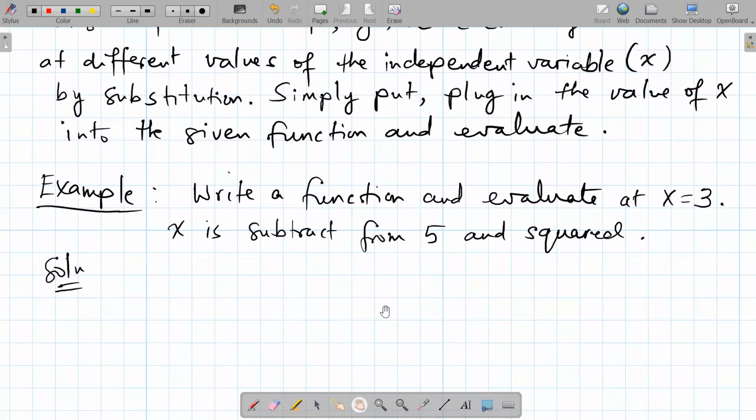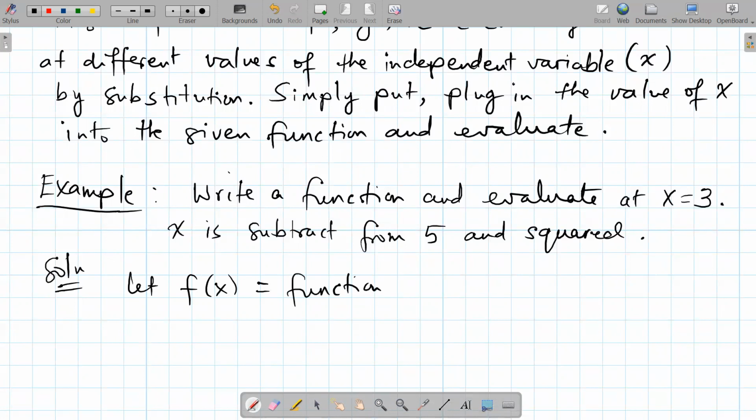It says write a function. Now you know that functions are notated by letters. You can use f, you can use g, you can use h, what have you. So I'm just going to use f. So I'm going to let f of x be my function.